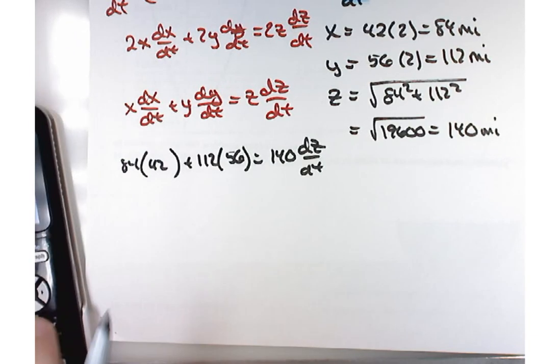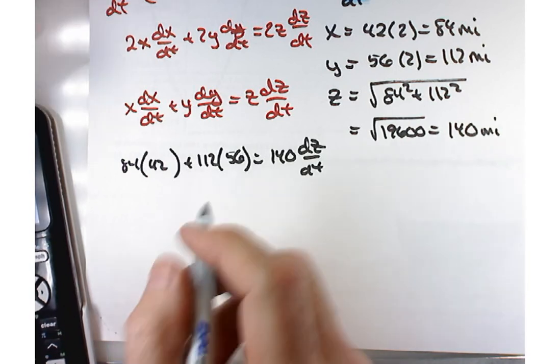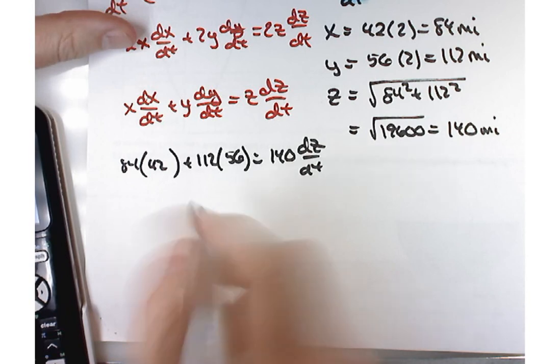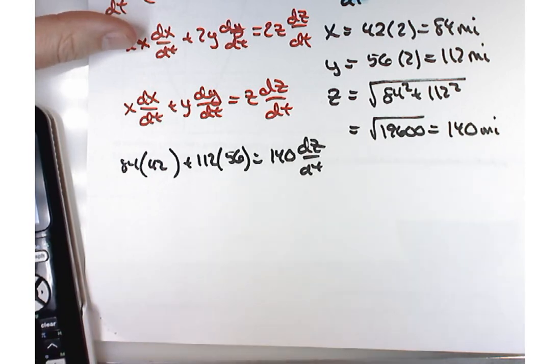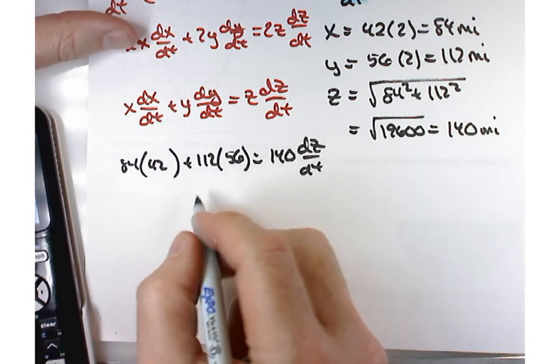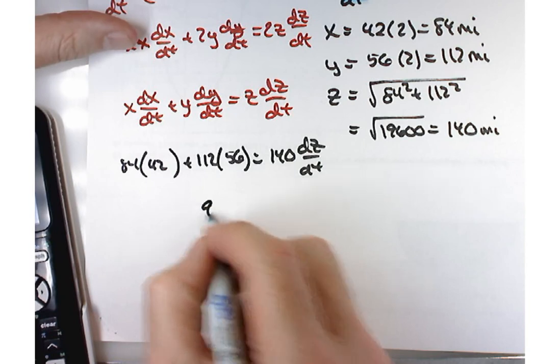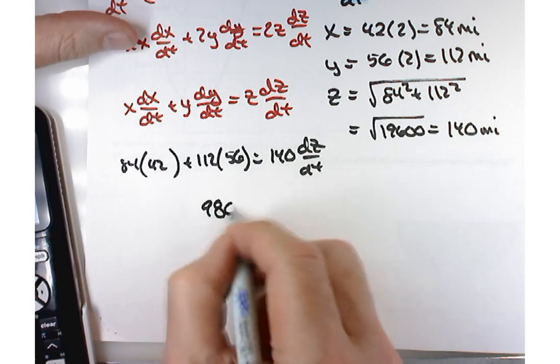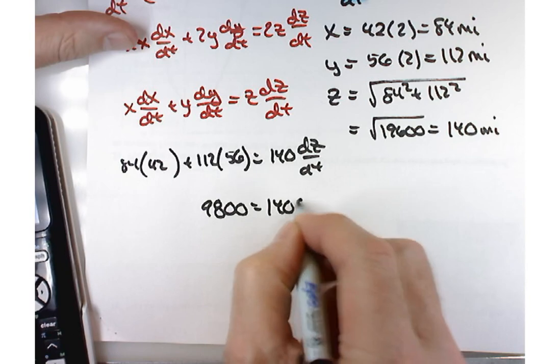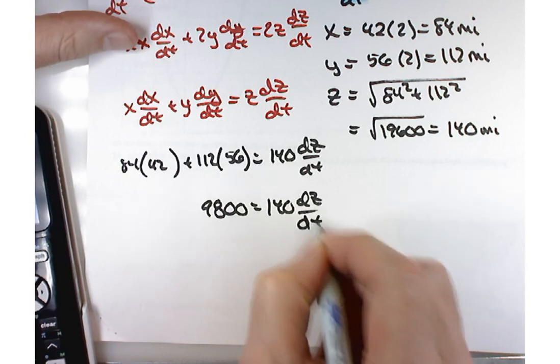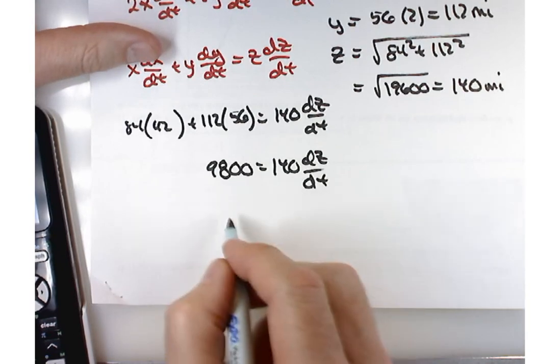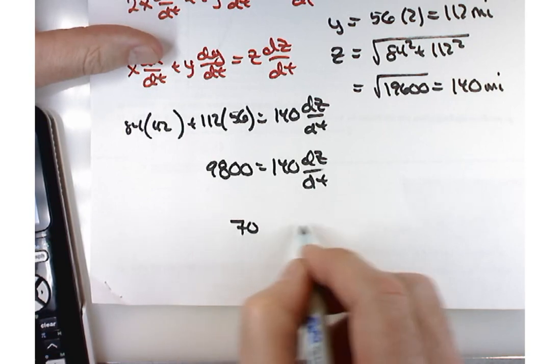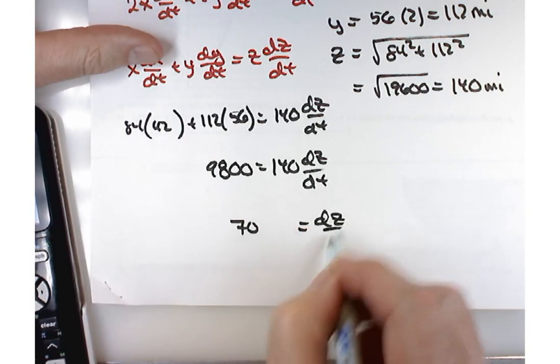Let's see what happens. 84 times 42 plus 112 times 56. So 9,800 equals 140 dz by dt. And if I divide by 140, I end up with 70 as dz by dt.